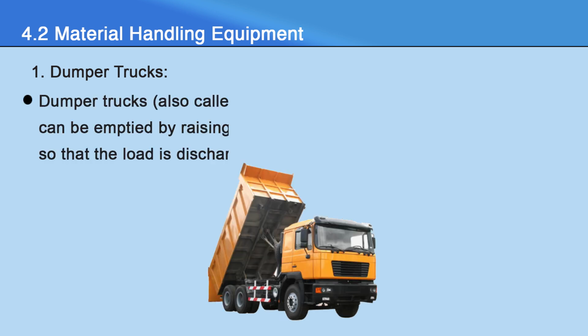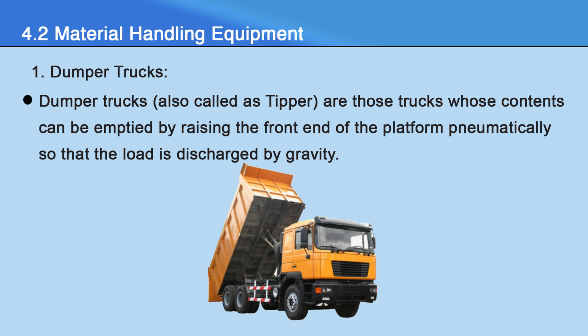The main applications of dumpers are in transporting materials to construction sites, in manufacturing and production line. Dump trucks. Dump trucks, also called as tipper, are those trucks whose contents can be emptied by raising the front end of the platform pneumatically so that the load is discharged by gravity.